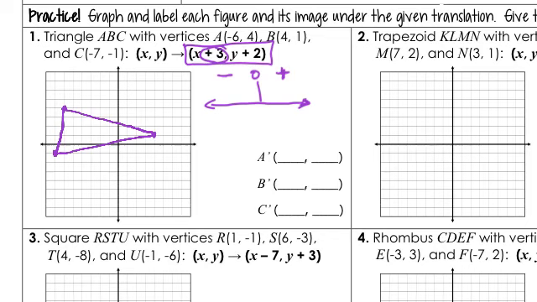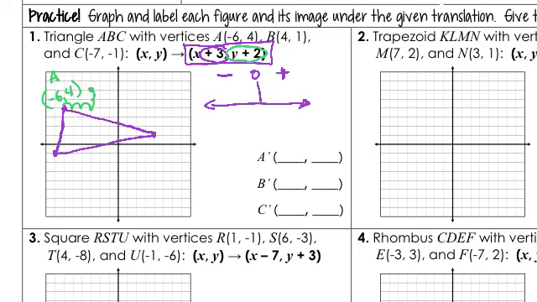So what was the x value of the vertex A? It was negative 6, comma 4. So the x value of vertex A was negative 6. If I go to the right 3, that would be this point here, but that's not our location because we also have to add 2 up. So we're going to the right 3 and then up 2.